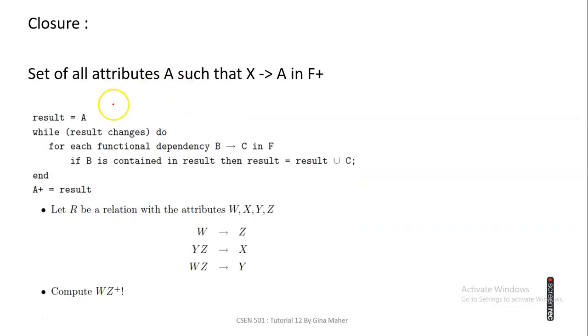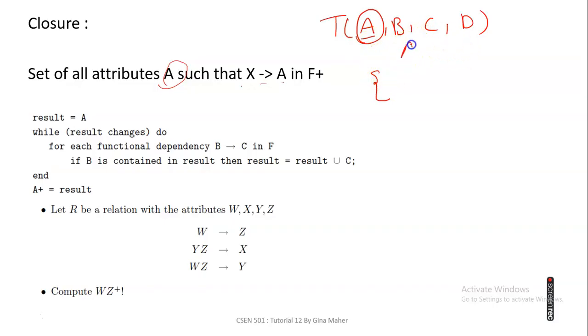Okay, what is a closure? A closure is a set of all attributes A such that X implies A in F. In other words, for example, say that we have a relation called T with A, B, C, D, and the closure of A is the set of all attributes such that A implies these attributes.